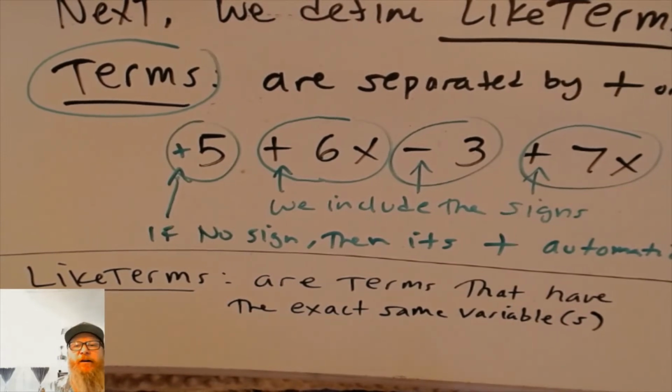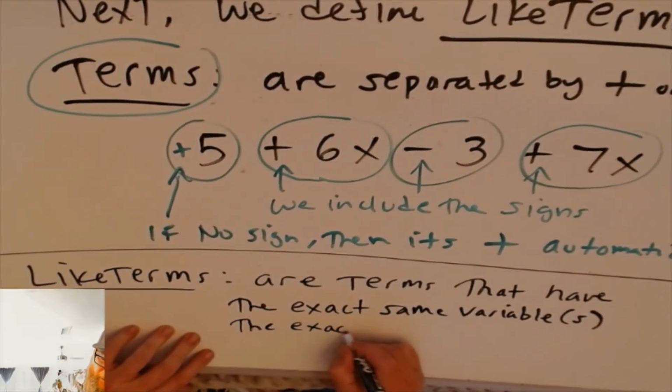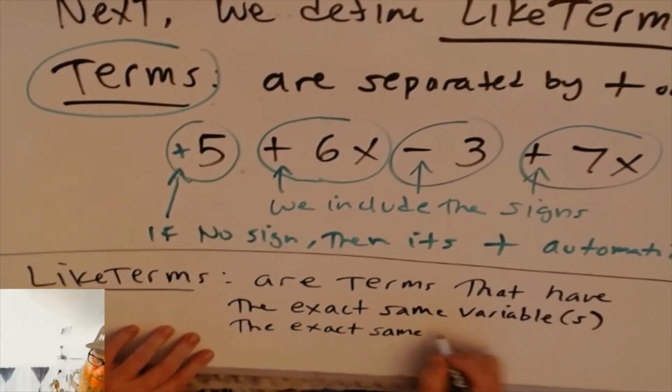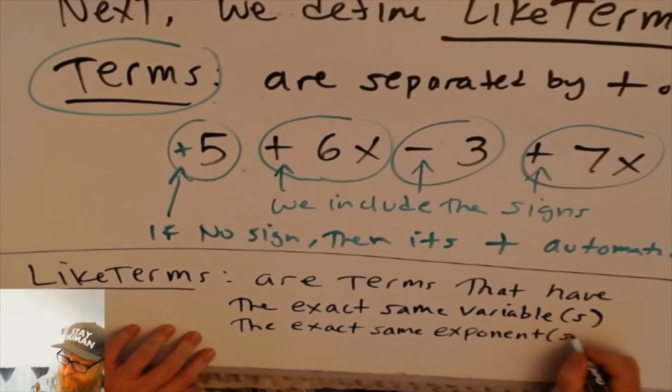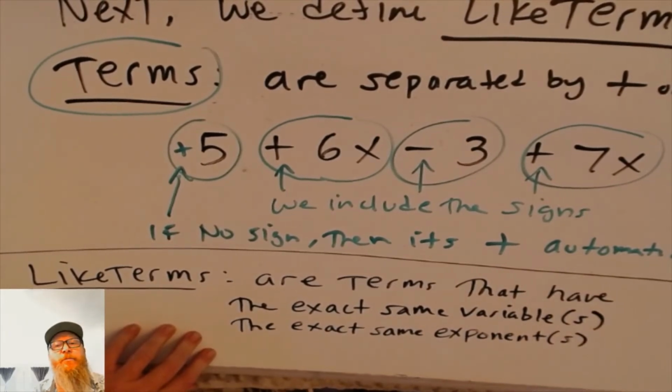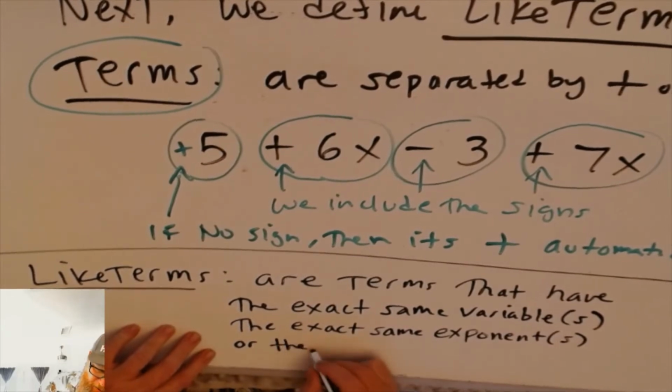Exact same variable, the exact same power or exponent, also known as powers, or they have no variable at all.